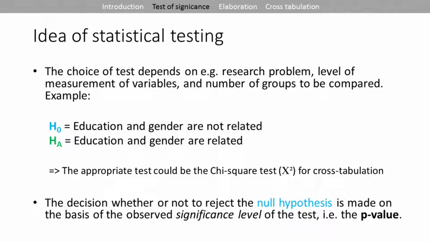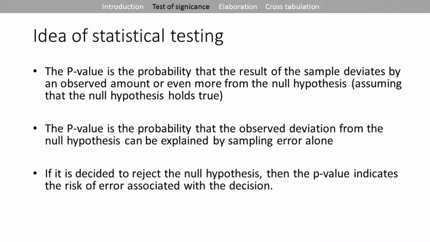And the decision whether or not to reject the null hypothesis is made on the basis of the observed significance level of the test, which is called the p-value. The p-value is the probability that the result of the sample deviates by an observed amount or even more from the null hypothesis, assuming that the null hypothesis holds true.